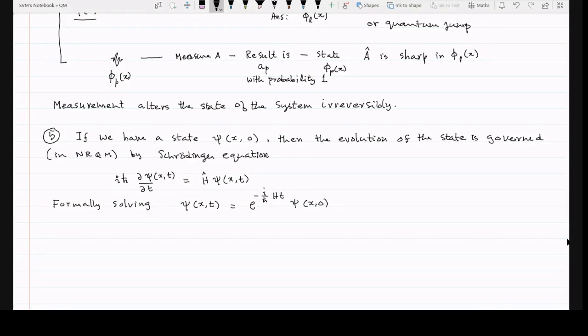Okay. Now you can see that since H dagger is equal to H, that means H is a Hermitian operator, we have U equal to e to the power minus i by h cross into H t is a unitary operator.